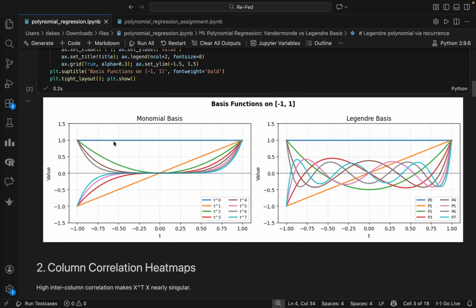Notice how as the degree increases, the curves start to pile up and look very similar near the edges. This is the first sign of trouble. If two columns of your design matrix look alike, they carry redundant information. On the right, we have Legendre polynomials. Each one of them has a clearly distinct oscillating pattern. This diversity is what makes the Legendre basis numerically well behaved.